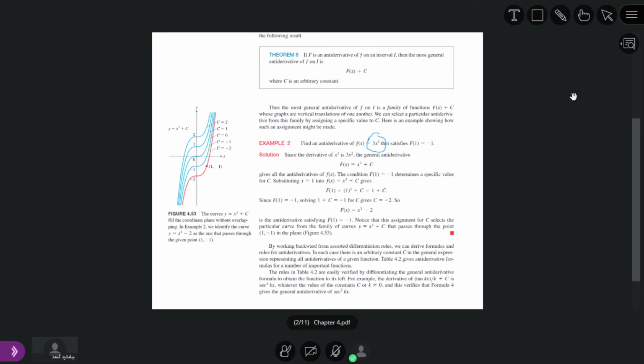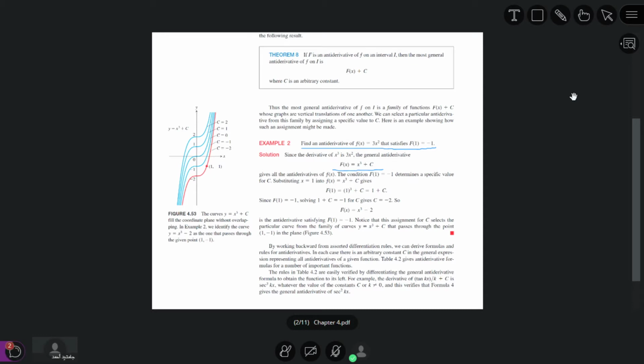You got my point? So what is the question? Find an antiderivative of this. So we got F of x is equal to x power 3 plus some constant.